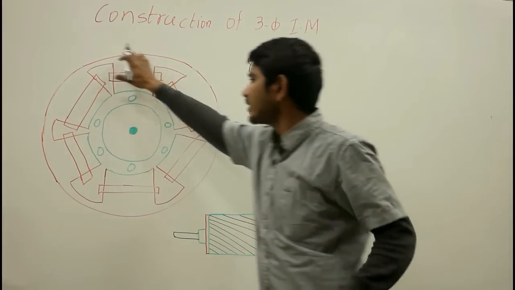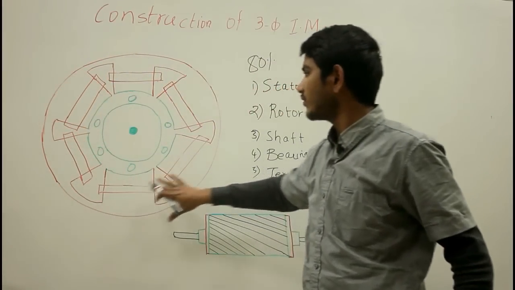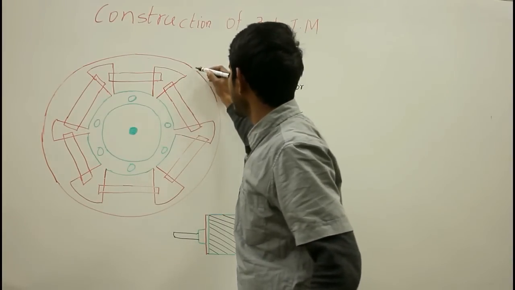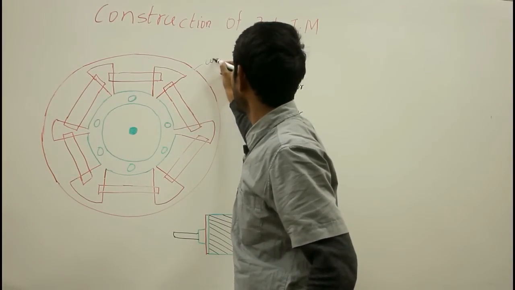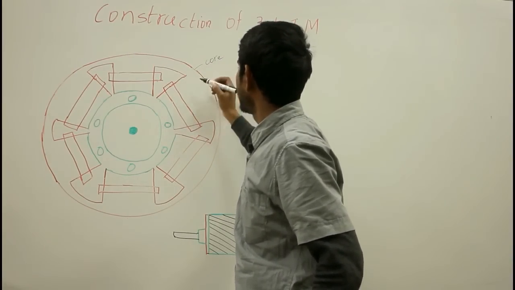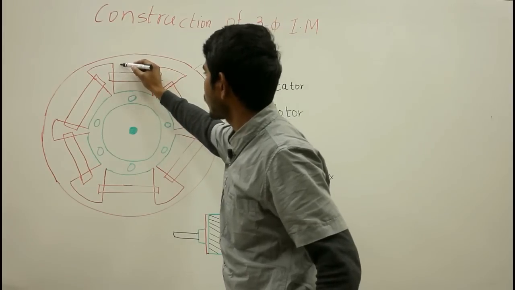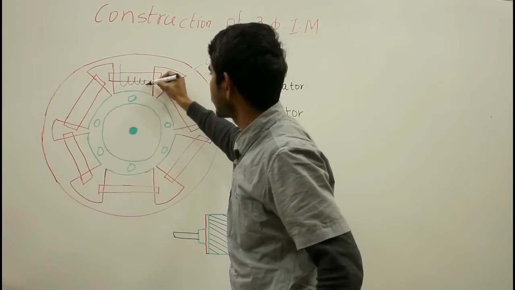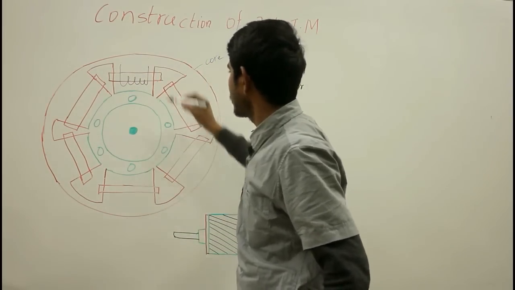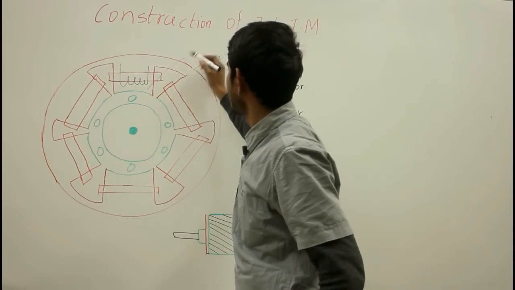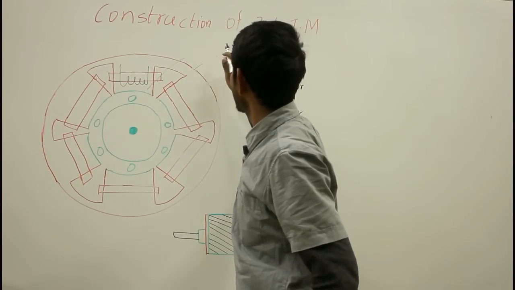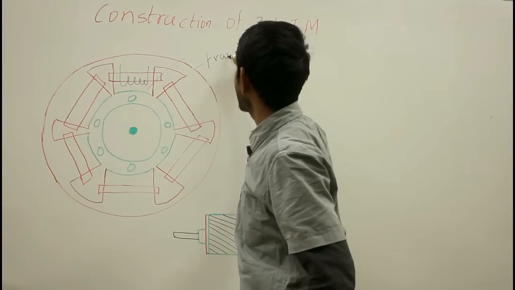If you look at the overall construction of the three-phase induction motor, this represents the core, and here are the windings, and these are the stators. This is the frame, which is the outer cover.